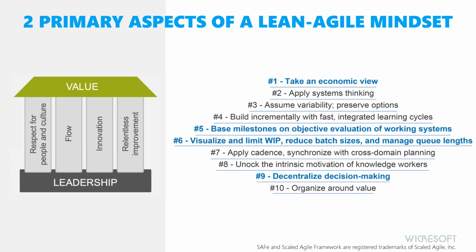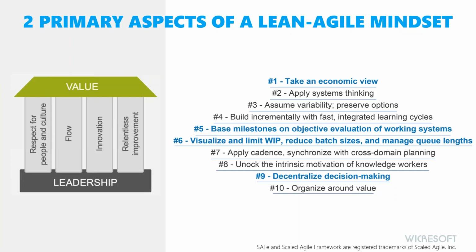And then you have these pillars of respect for people and culture, flow, innovation, relentless improvement, big focus on value, and by implementing an initiative around that, there's a number of things to bear in mind, such as how you coach leaders and ensure that every time you're making a decision or communicating anything, that it's got some bearing on this House of Lean model.